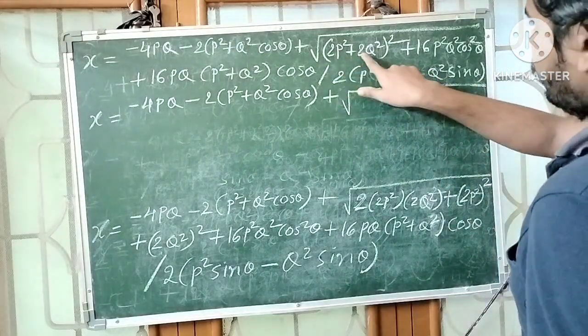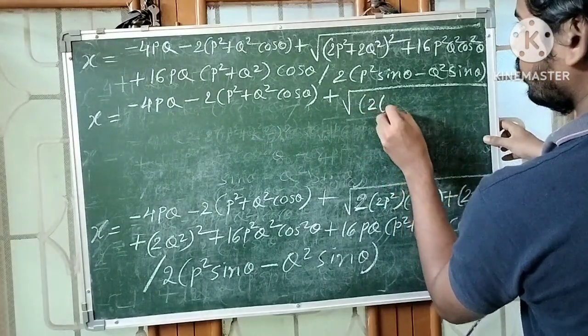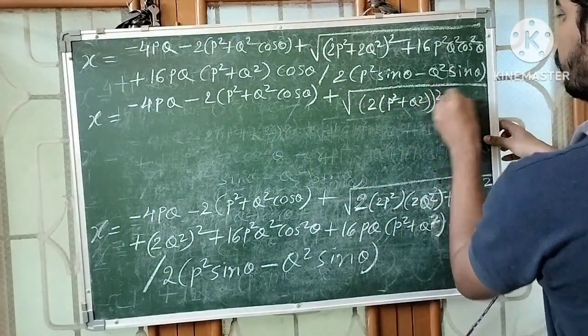So here in 2p square, 2q square, 2 is common. So 2 into p square plus q square whole square.